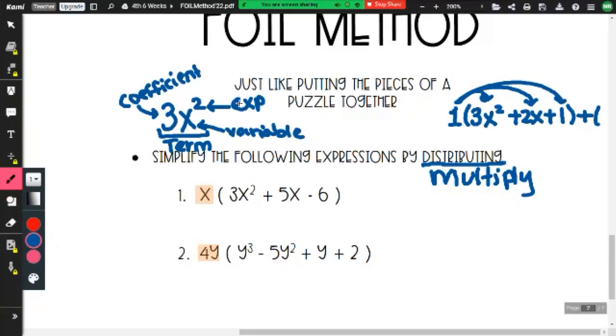And the rules for that, you have 3 different rules. I'm actually going to use a star instead of numbers. It's not steps. One of the rules is that you are going to multiply the coefficient. We're going to multiply the big number. The variable will stay the same.